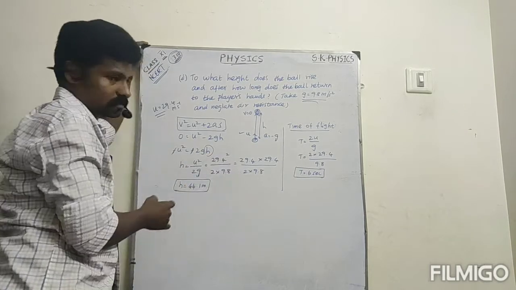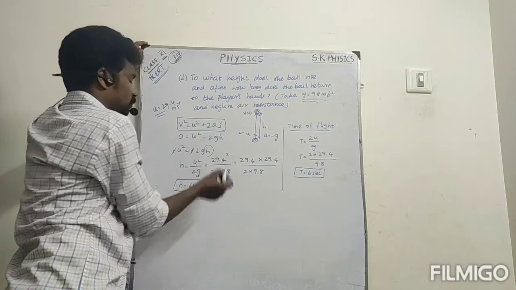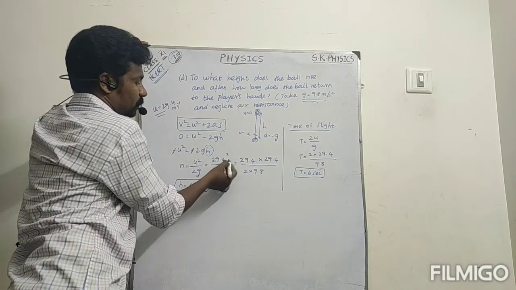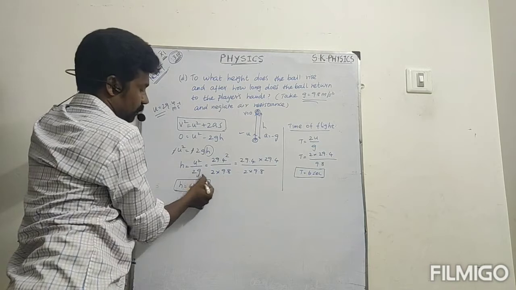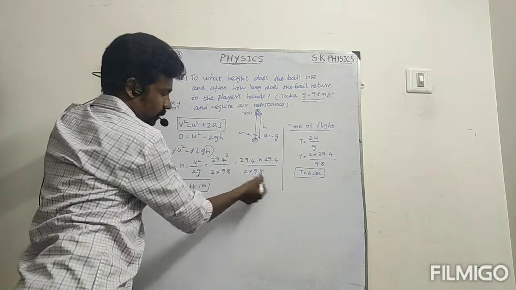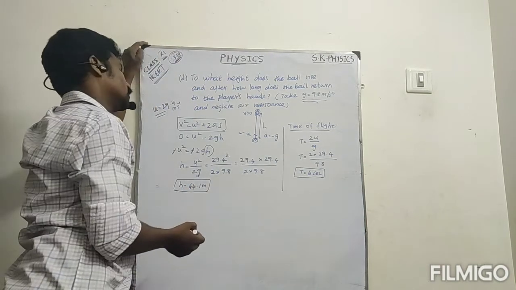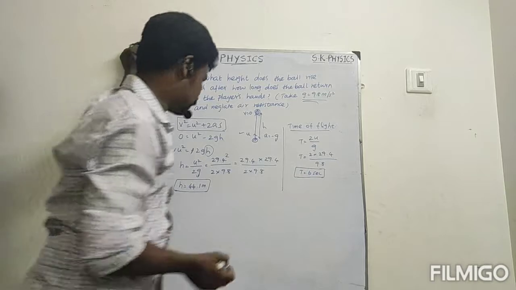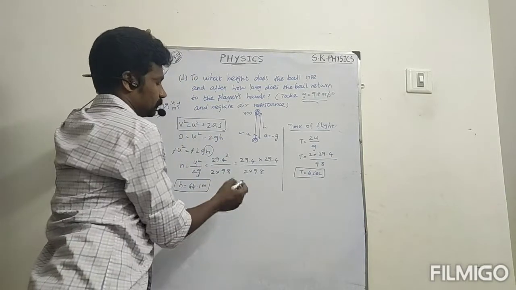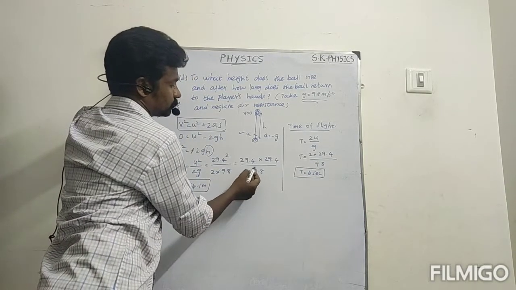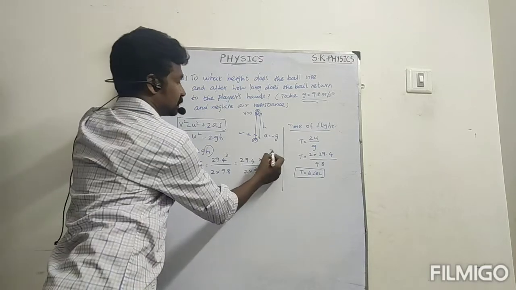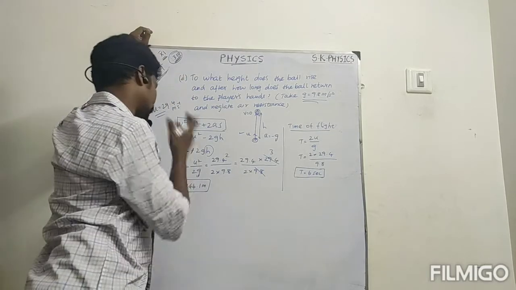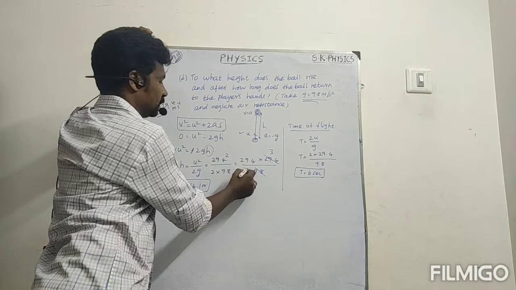U squared is 29.4 into 29.4, and 2g is 2 into 9.8. 294 is 3 times 98, so now it is 1 time.